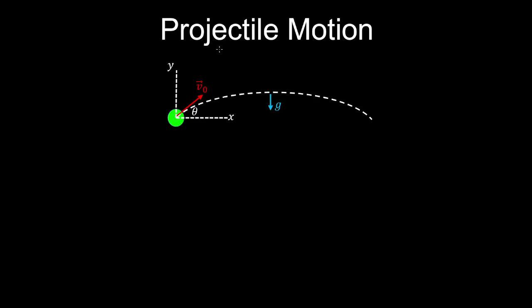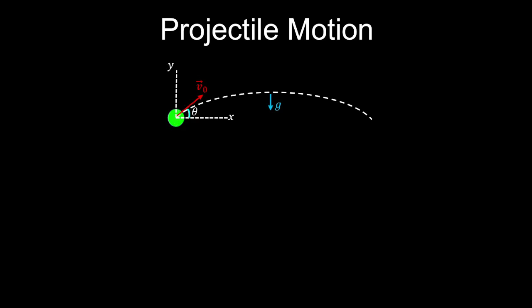Projectile motion is a typical application of vector-valued functions. So we look at the ideal motion of a projectile that's launched at some angle theta, being the launch angle, at an initial velocity v0.